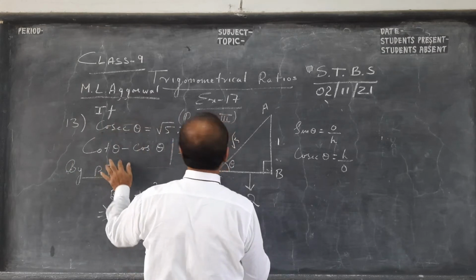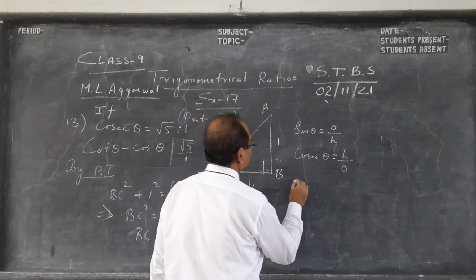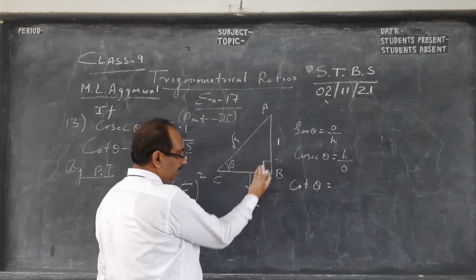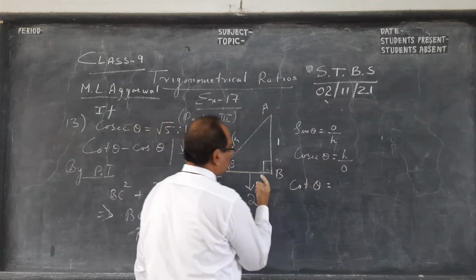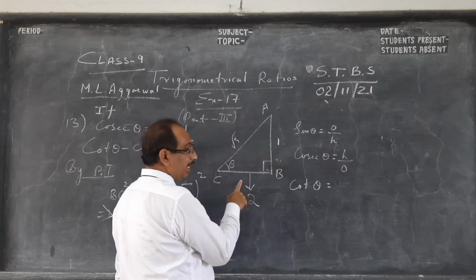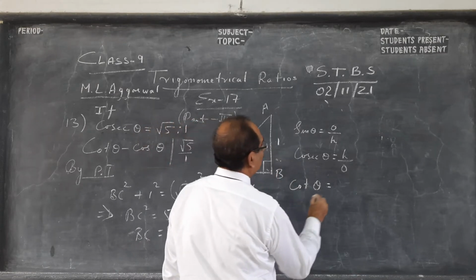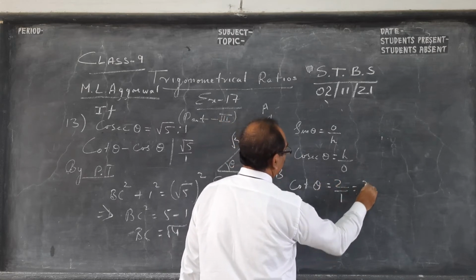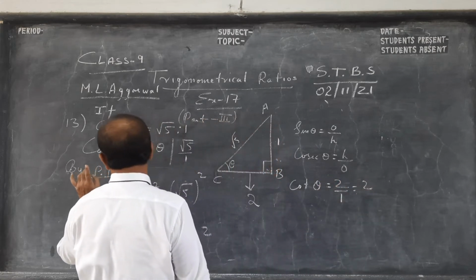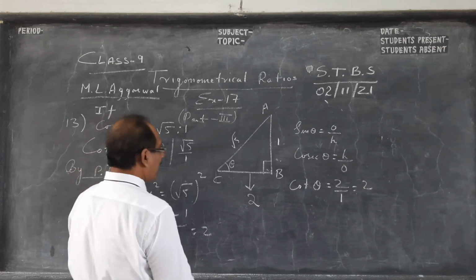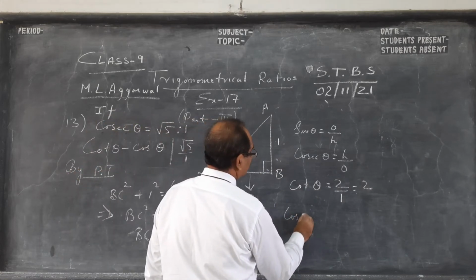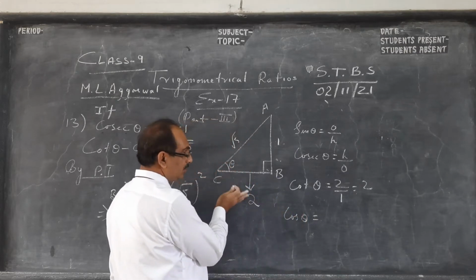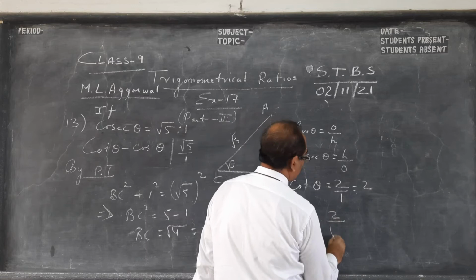Now next thing, what we have to find, what is cot theta? Tan is opposite by adjacent, see my first video, 1 by 2 is tan, so 2 by 1 is cot, means cot is 2. And cos theta is 2 by root 5.